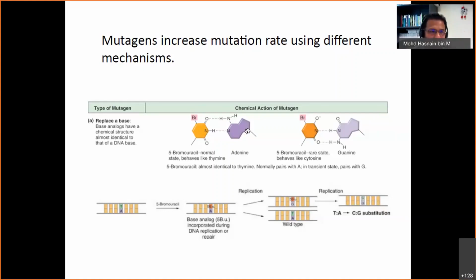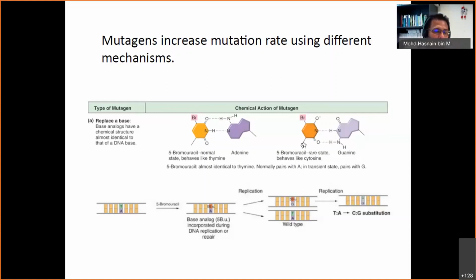But what happens is that this bromouracil, although chemically it behaves like thymine, sometimes in a different condition, you call it a rare state. You can imagine a person in a moody state, where everything is wrong. In the rare state, it will pair with guanine.